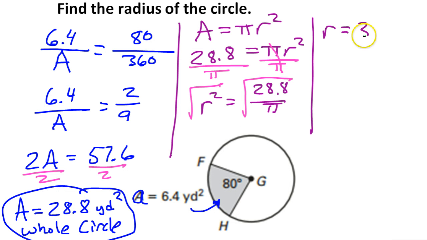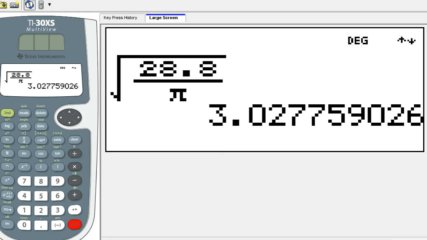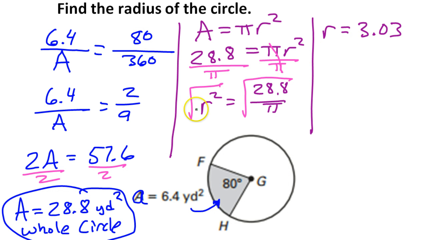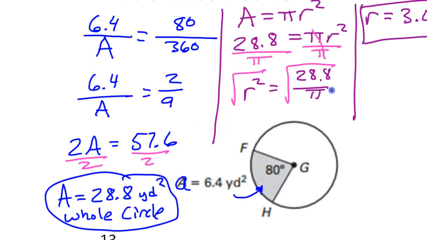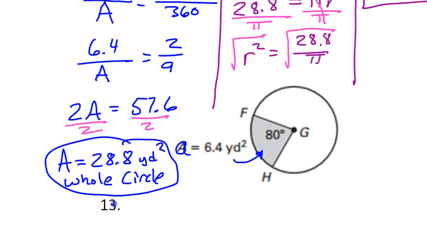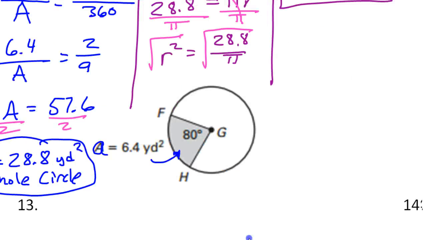Okay, notice how I did not round until the very end. Yeah, 3.03. And it's radius now, so it won't be squared anymore. It'll just be yards. Okay, so that is the answer to number 13. It's a weird place to put the problem number.